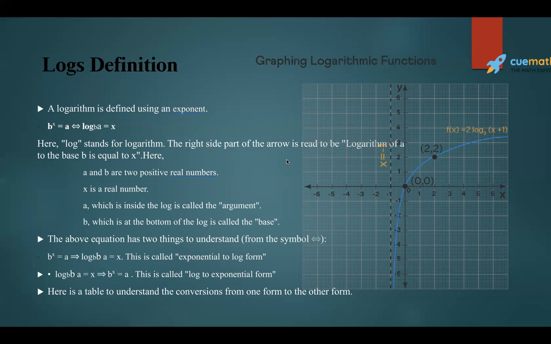x is a real number. a, which is inside the logarithm, is called the argument. b, which is the bottom of the logarithm, is called the base. The above equation has two things to understand. From the symbol b power x equals a, log base b of a equals x is called the exponential to logarithm form.